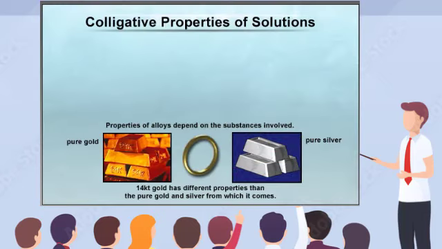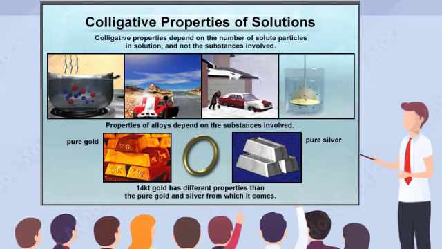Earlier in the program, you learned that properties of a solution can differ from the properties of the substances that comprise the solution. This was covered in the discussion of alloys. However, some properties of solutions depend on the number of solute particles in solution and not the substances involved in the solution.